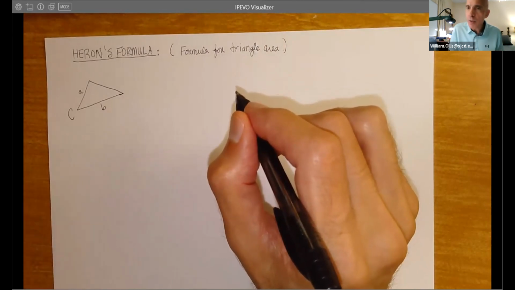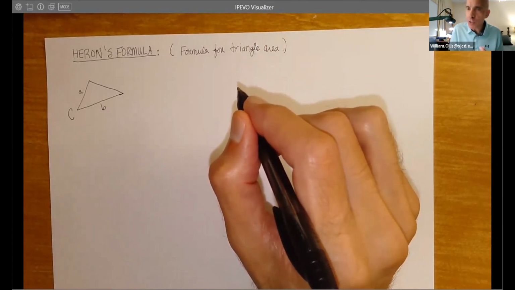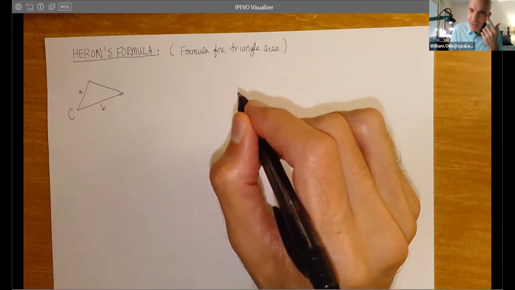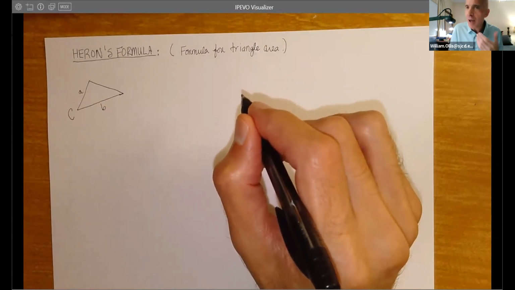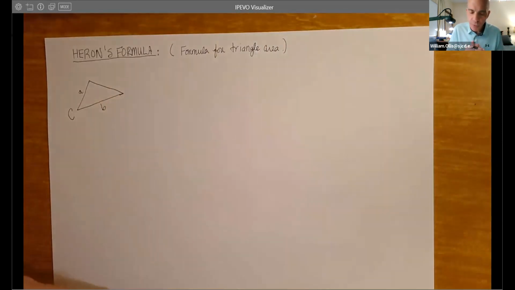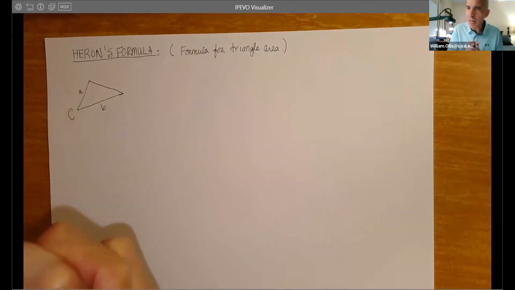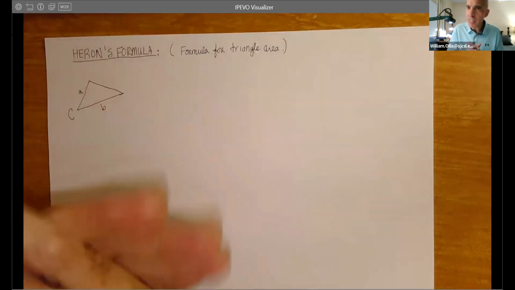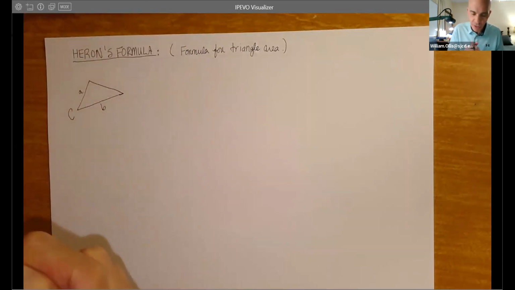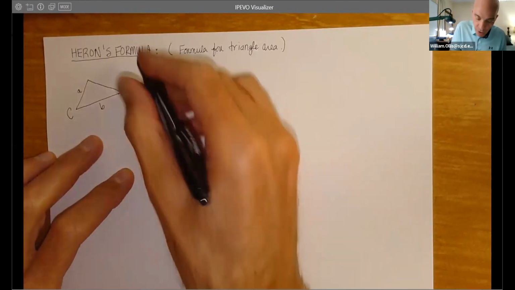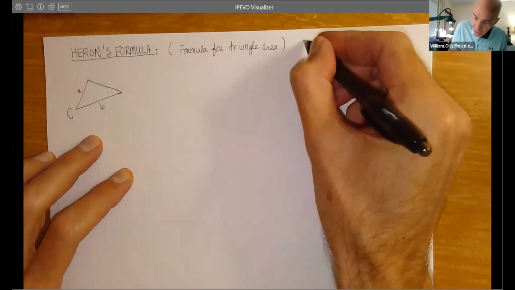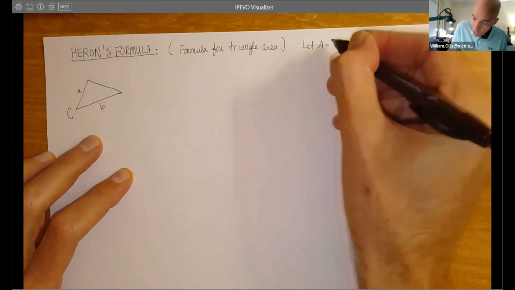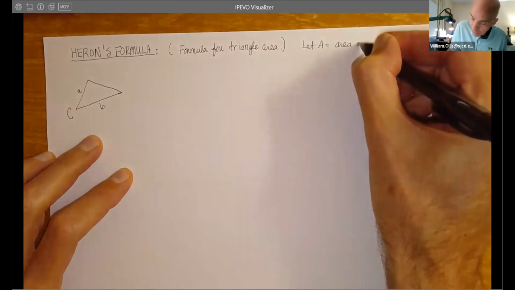If you know the side dimensions of a triangle, you can compute the area, which is kind of like 1/2 base times height, but the height's not really a side. It's constructed. I can actually get the area of a triangle using the lengths of the sides. That's what Heron determined.